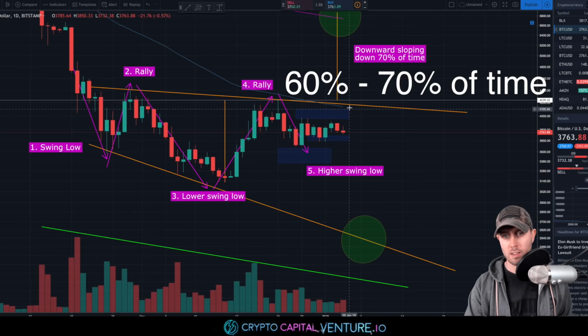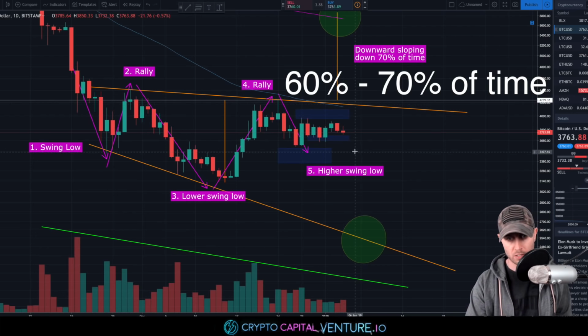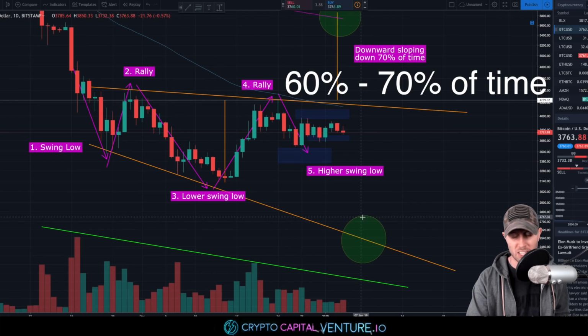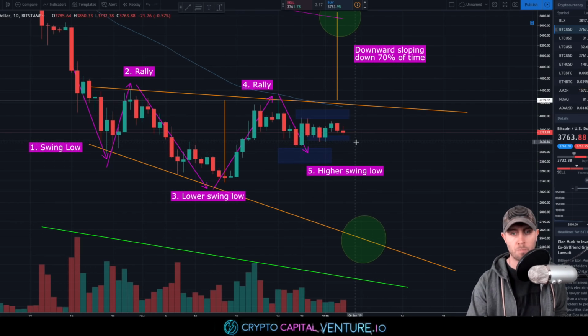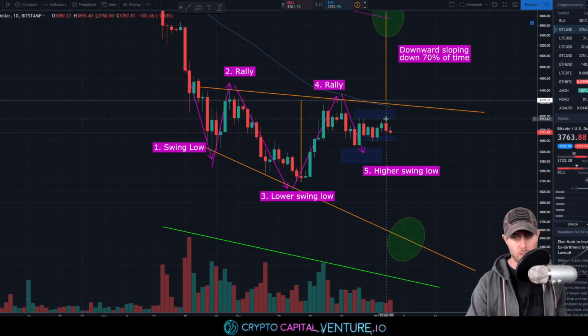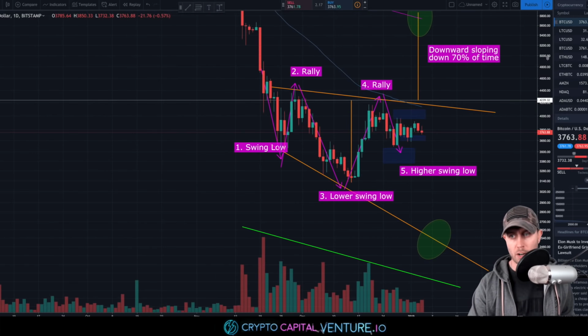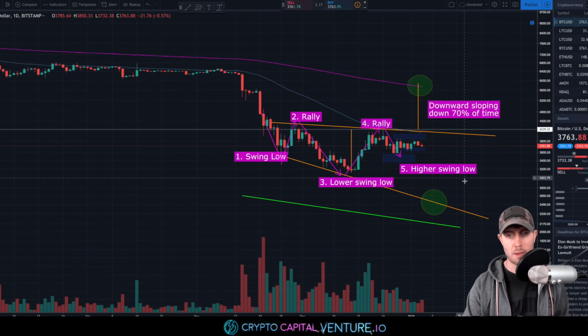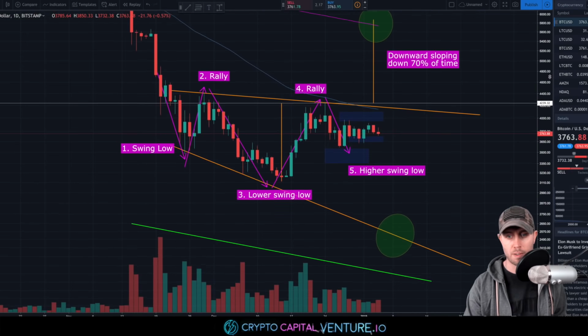So basically failure 60 to 70% of the time, meaning potentially new lows. The odds are against us for a confirmation of this inverse head and shoulders, and especially in this bear market of continued rejection at this 50 EMA, it's something to be very aware of.